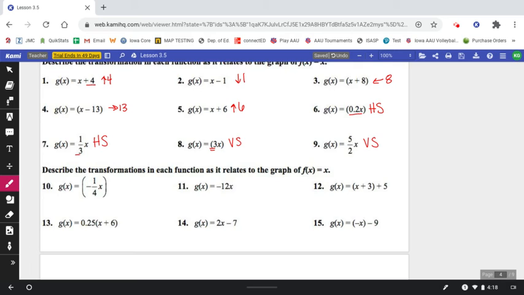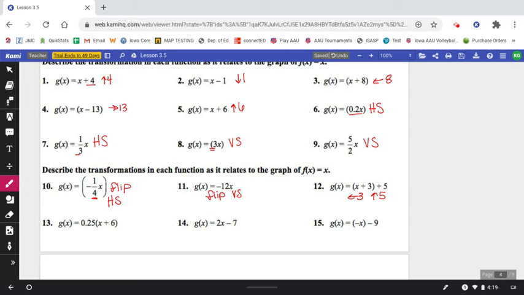Okay, this mixes all of the rules together and has multiple rules per equation. So this one I have a negative sign out front, which is a flip. And then I also have this 1/4 multiplied, which is a horizontal stretch. Number 11 has a negative sign out front, which is a flip, and then a 12 multiplied out front, which is a vertical stretch. Number 12 has a +3 in parentheses, which is left 3, and a +5 at the end, which is up 5.